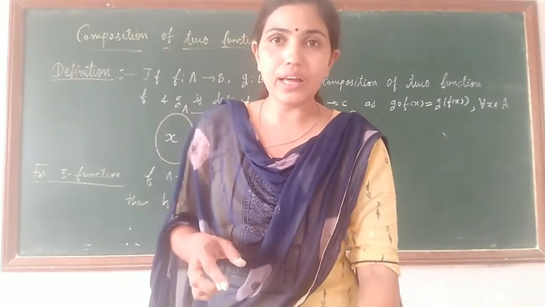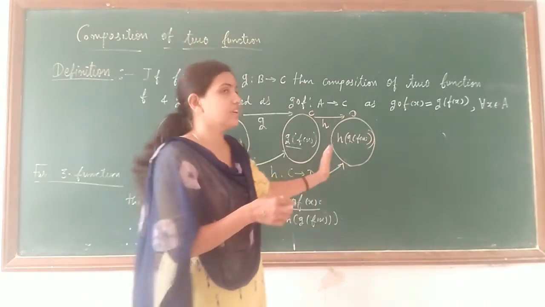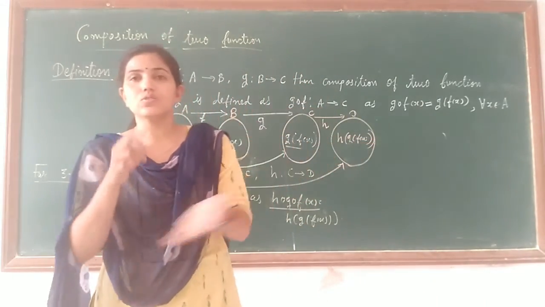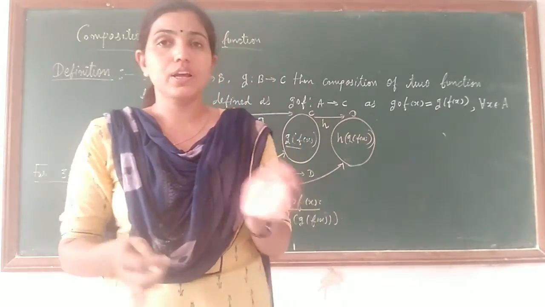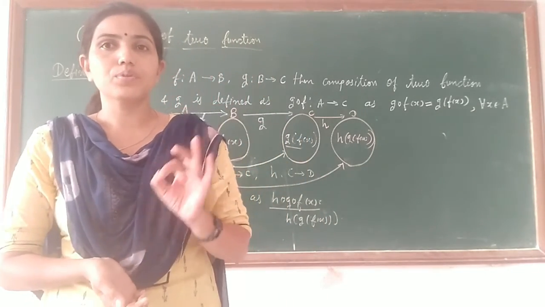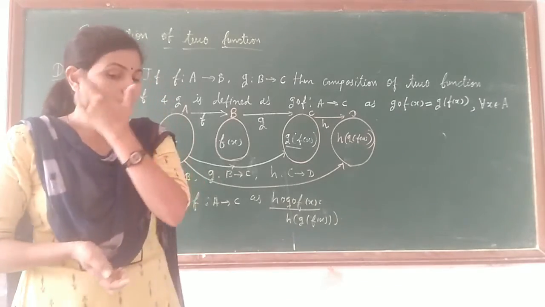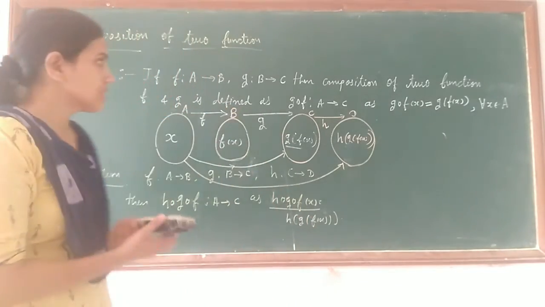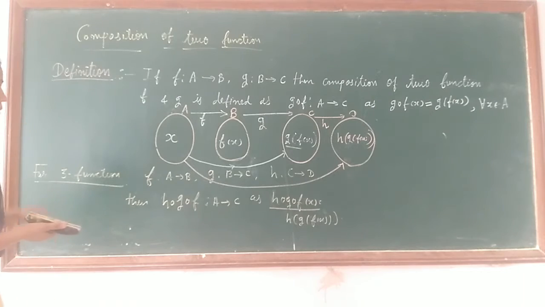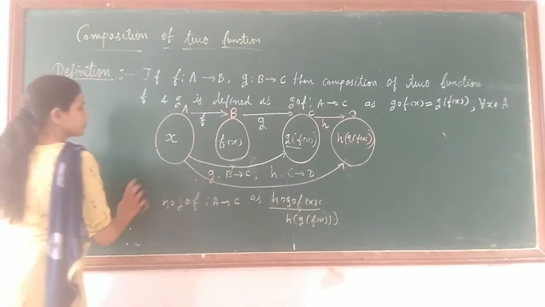If you have more, you can similarly apply it to the next. Then it is known as the composition of many functions. I hope you are clear with this. Let me see this definition with some examples so you can understand it properly.